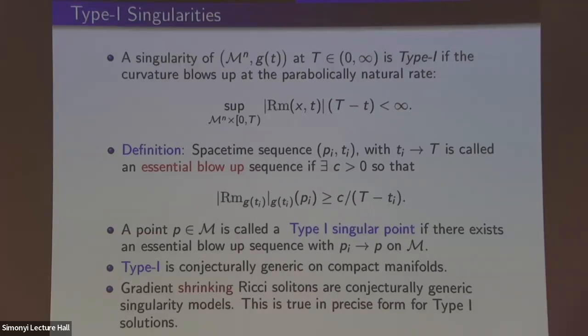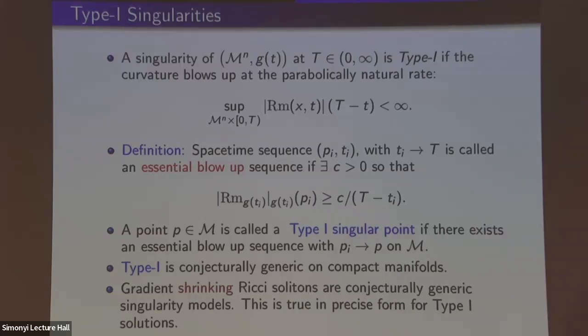Let's say that this sequence (p_i, t_i), where t_i converges to capital T, is an essential blow-up sequence if there exists some constant C, strictly positive, so that the norm of the Riemannian curvature at p_i, t_i, measured with respect to the metric, is greater than C over T minus t_i. And we call a point p a type 1 singular point if there exists an essential blow-up sequence that converges to that point on your manifold.